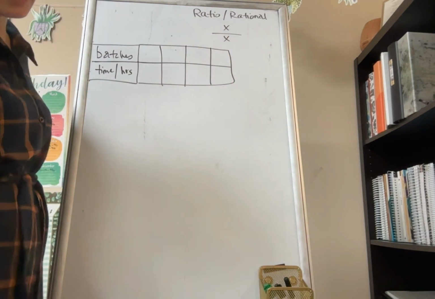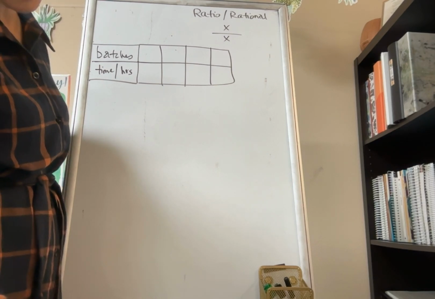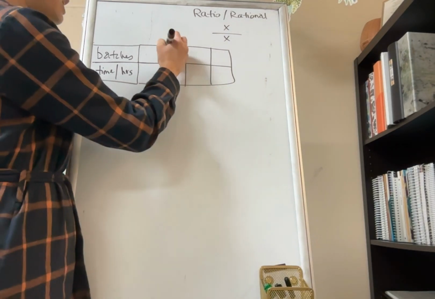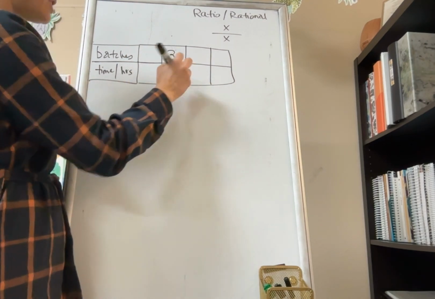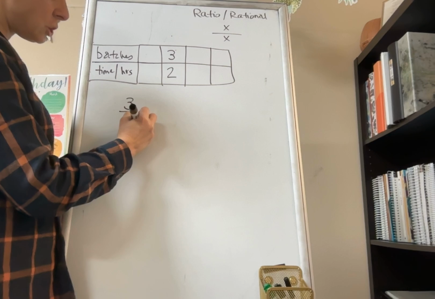And it tells us to state the ratio describing the time to make 3 batches and then find the unit rate. So we know that when Finley made 3 batches, it took him 2 hours. So he made 3 batches in 2 hours.